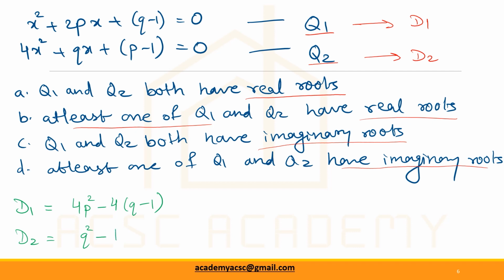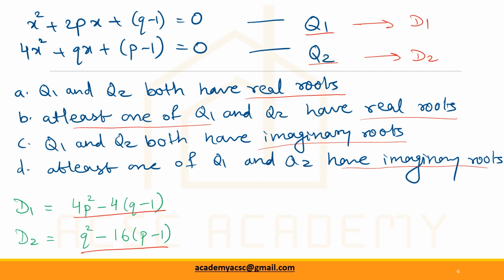Here it is 16p minus 1. So now here p and q are common in both of the equations, and we do not know what is the relation between them. So just looking at d1 or at d2, we cannot comment about their nature, whether they are positive, negative, or 0. We don't know anything.